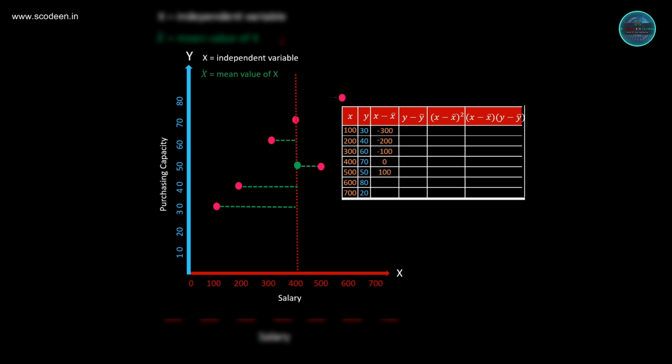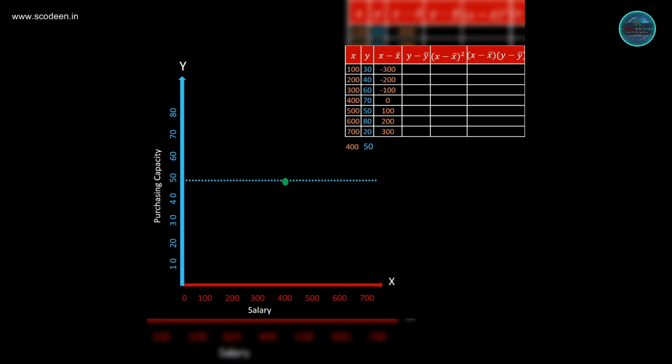Now let's move to analyze the y-axis error. Here the y value is 30, that is the y-axis value, and the mean value, that is y bar, is 50.